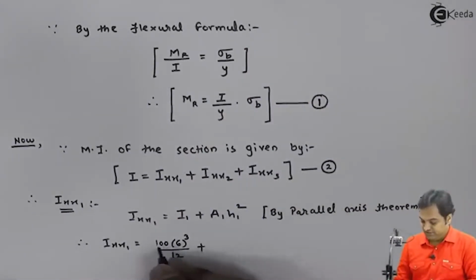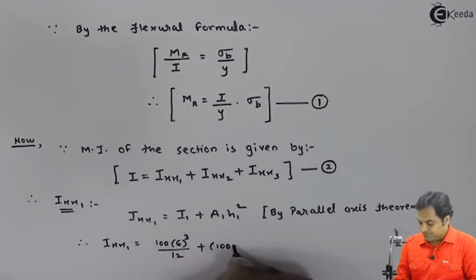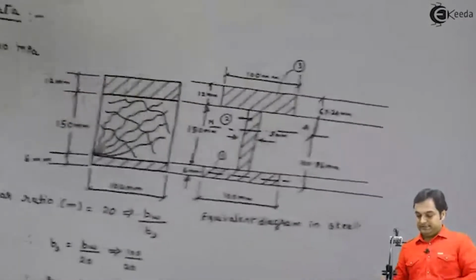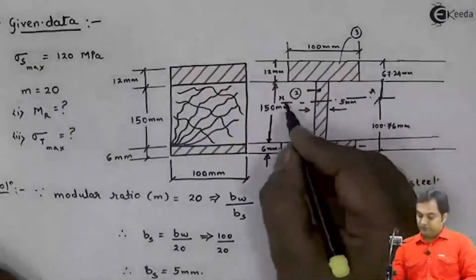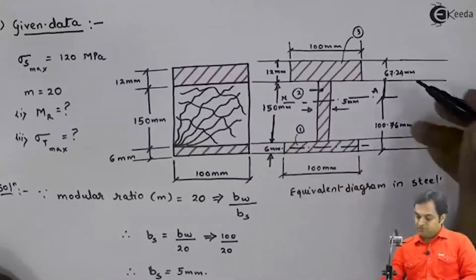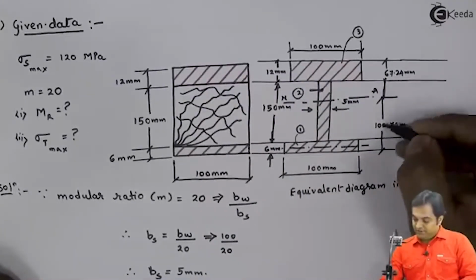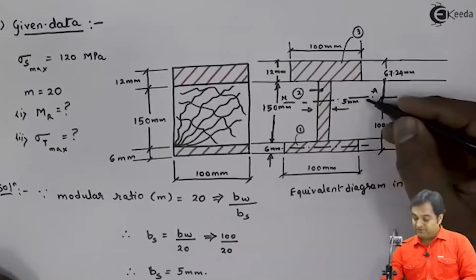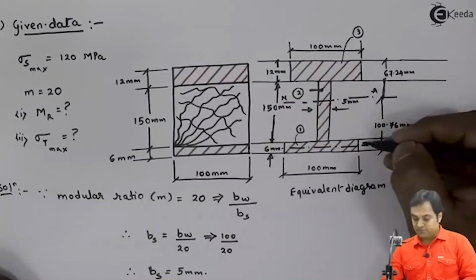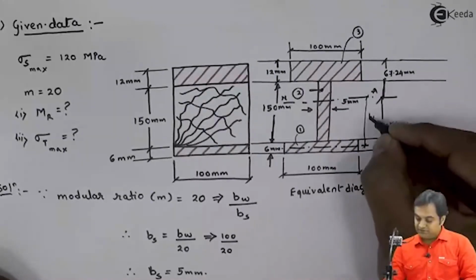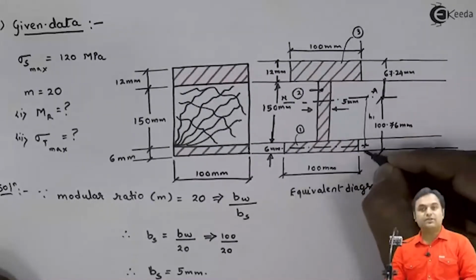Plus area 1 is 100 into 6. H1 is the distance between the neutral axis and the horizontal axis of rectangle 1. So the distance would be 100.76 minus 3 mm. We have to calculate this distance. This is H1 for us. So H1 is 100.76 minus 3 mm.